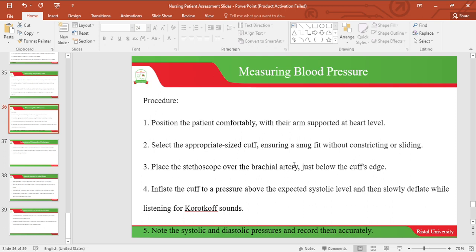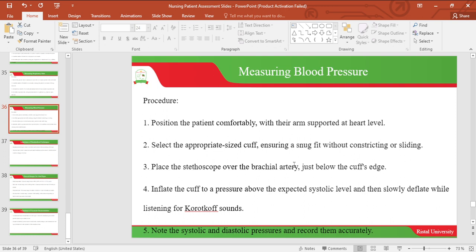Then the nurse should place the stethoscope over the brachial artery just below the cuff's edge. Thereafter, he or she will inflate the cuff to a pressure above the expected systolic level and then slowly deflate while listening for Korotkoff sounds.